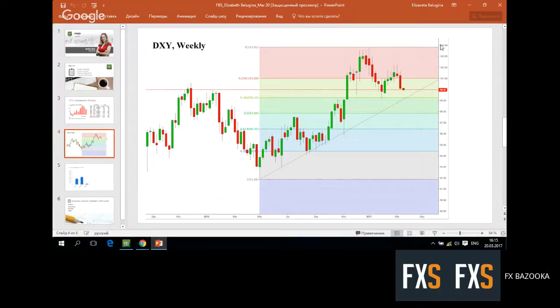But maybe in a week from now, when we'll get more data releases from the Fed and comments from the Fed, then maybe we'll have more of the evidence on whether this trend, the uptrend in the US dollar, will get resumed, or if we'll have a deeper retracement in the American currency to the downside.